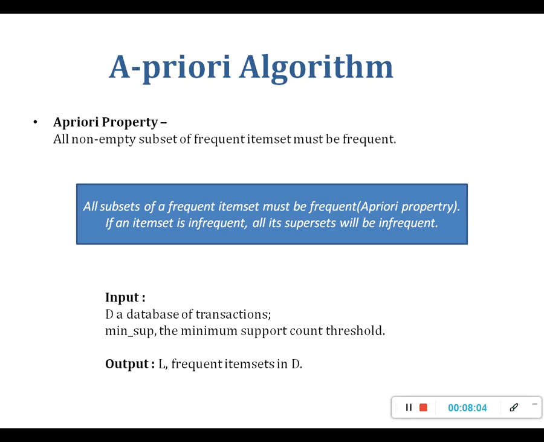If your item set has its frequency count greater than or equal to the minimum support, then we call that item set a frequent item set, otherwise it is infrequent. So the minimum support count threshold is always given, and the output is the final L list, that is the frequent item sets in the given transaction database D. So this is the input and output.